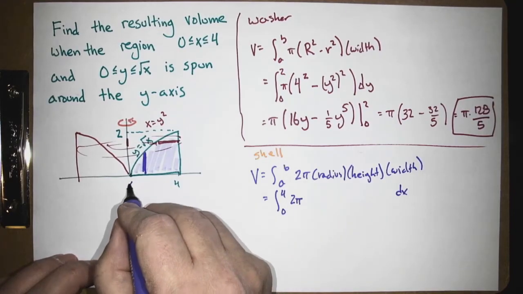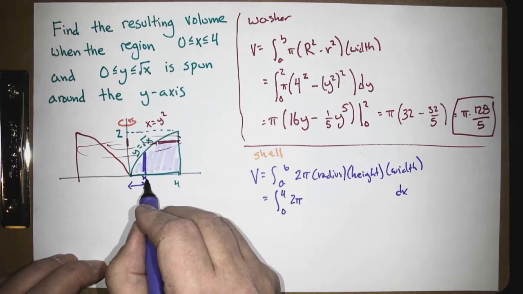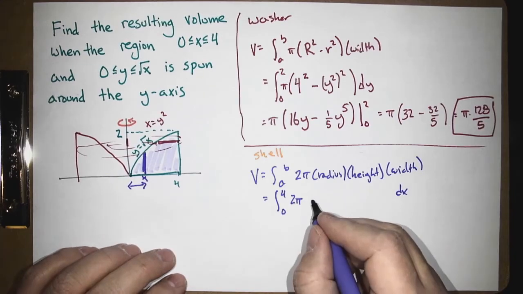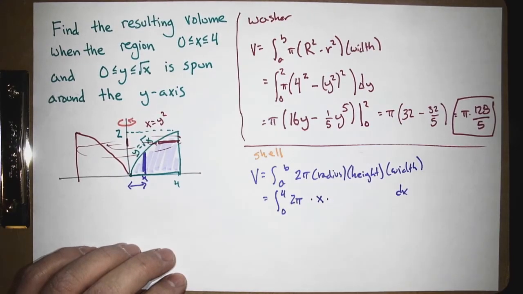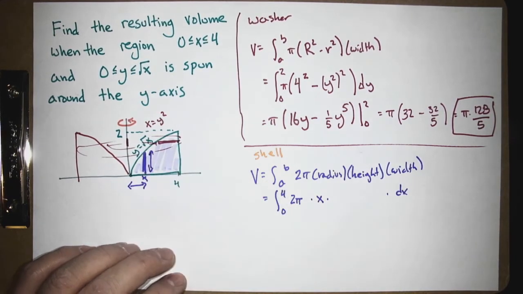Now, what's the radius? How far are we? Think of this as a generic x as our slice. How far is x from the y-axis? It's x away, so times x. Now, what's the height?